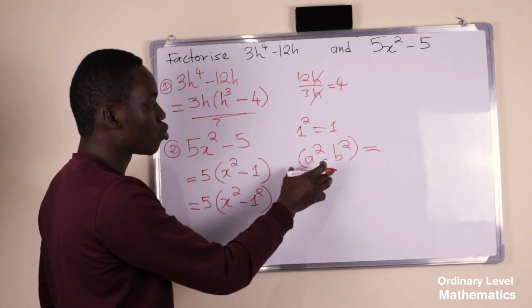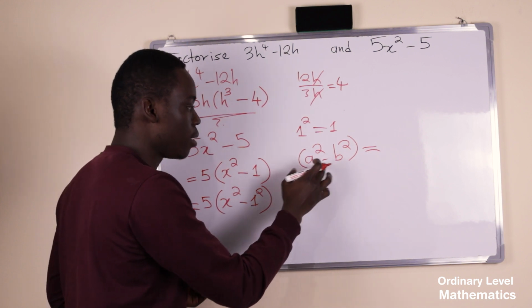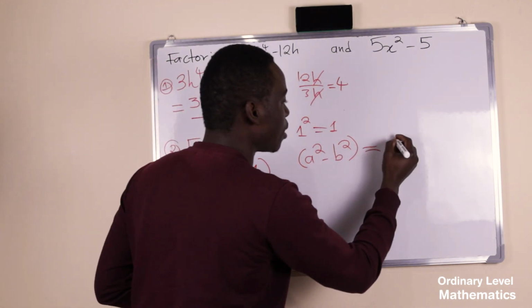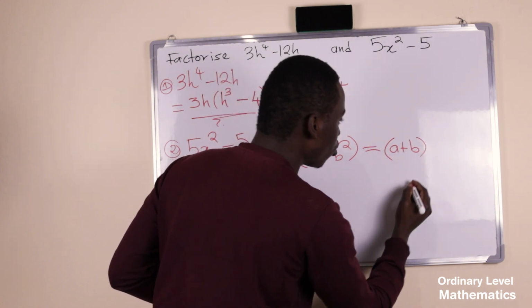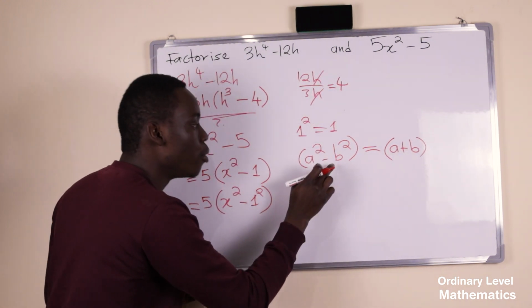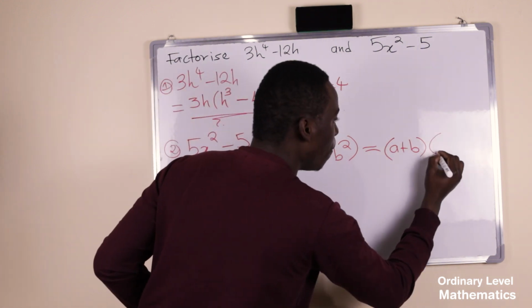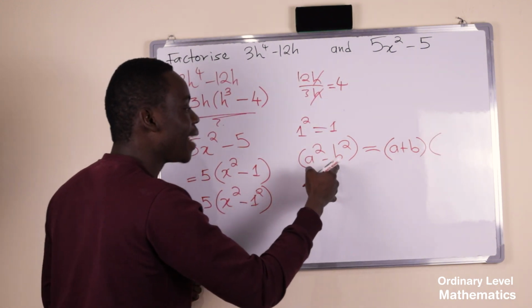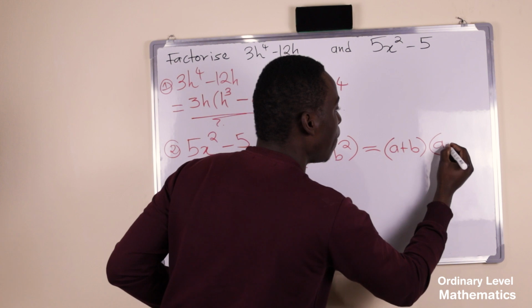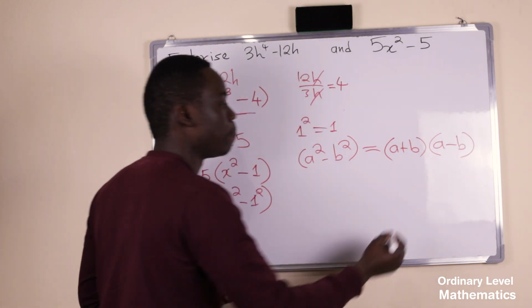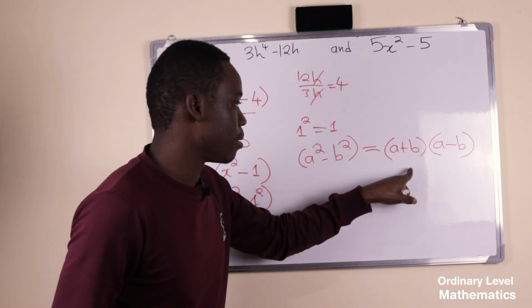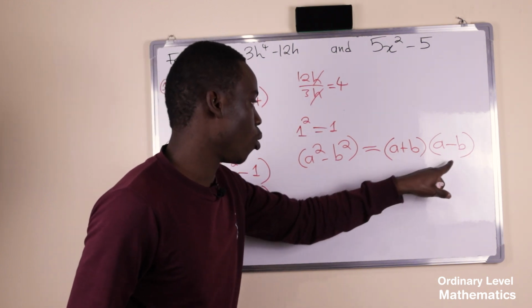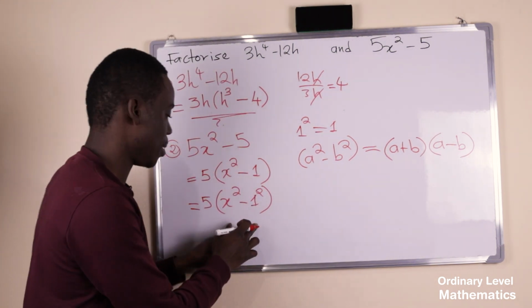Now the difference of two squares states that when you have these two and you're subtracting, this means that this will be a plus b. That's all you have to do. You get a, you add it plus b, you open your bracket, a minus b, and this expression is equal to that, a plus b, a minus b, and this is what we're going to use here to factorize this.